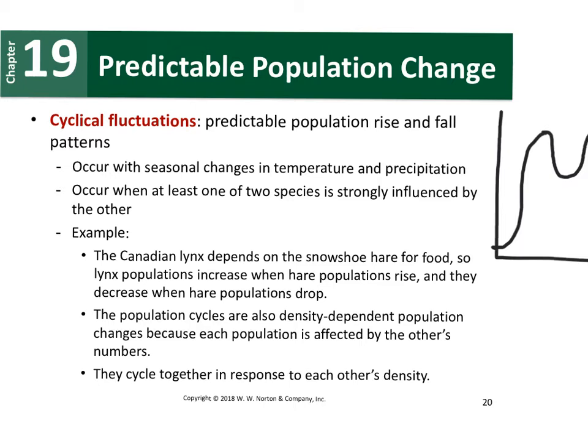So we have these snowshoe hares that the lynx feed on. Bunnies, of course, breed like rabbits, and their population sizes can explode. And then there's seasonal changes in temperature. So that's what I just showed you, but it also occurs when two species are strongly influenced by each other.